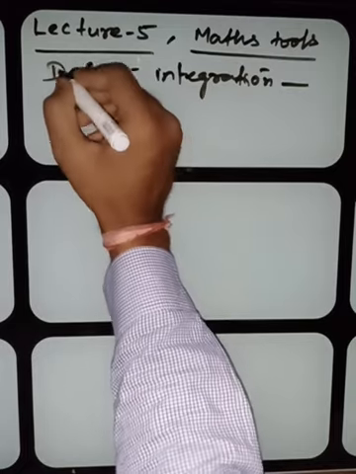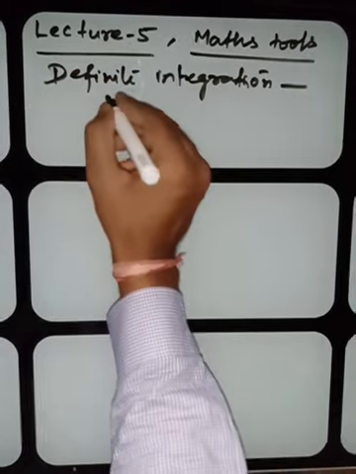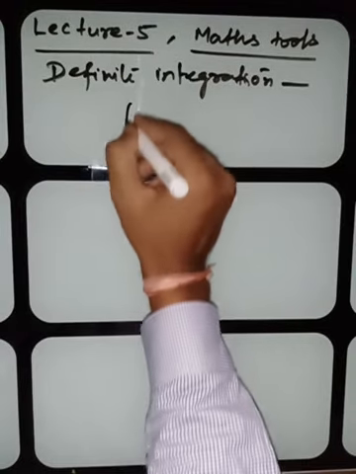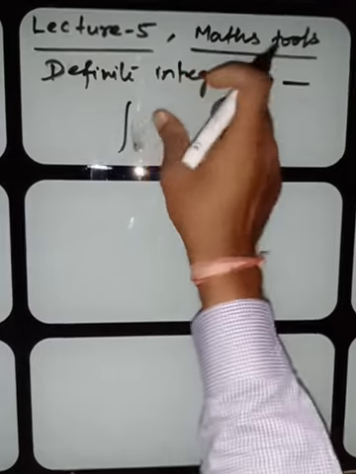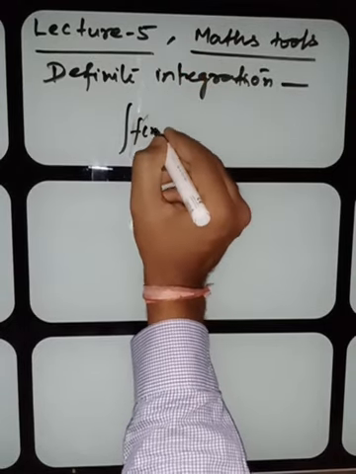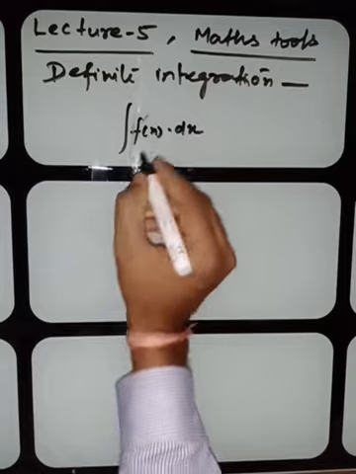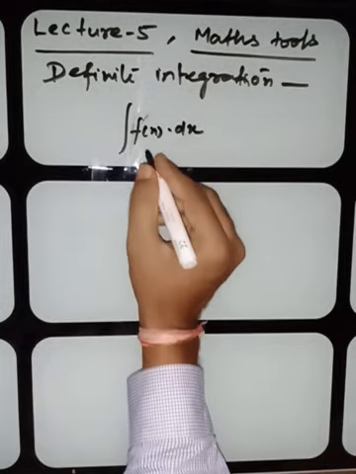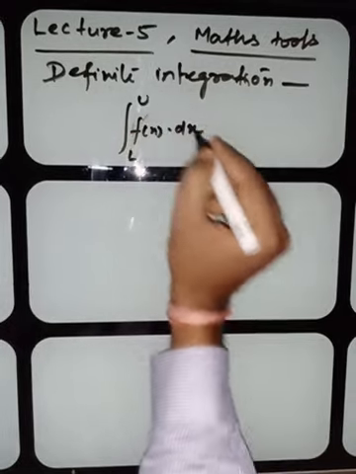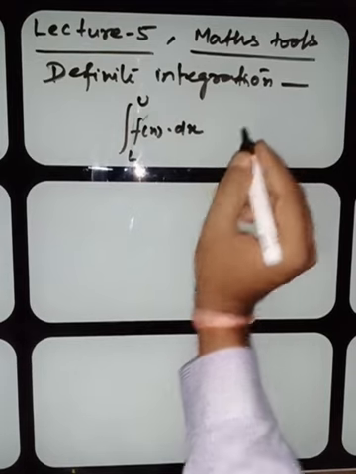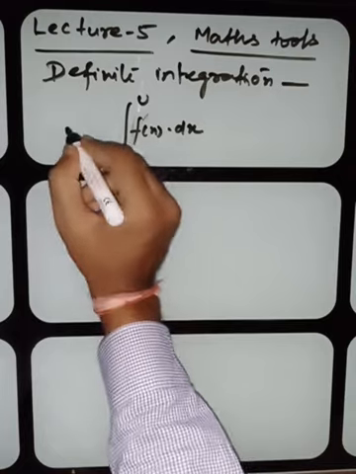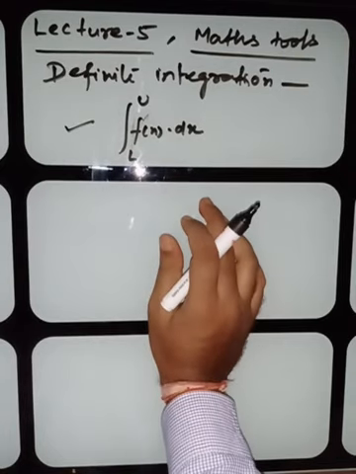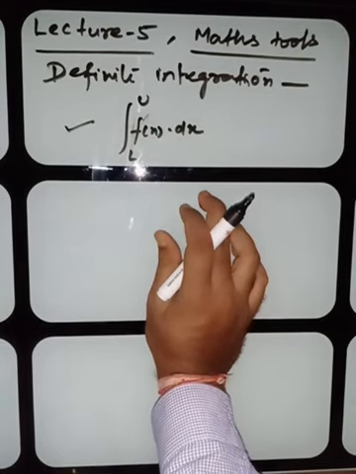The structure of definite integration looks like this: x to the power n, or any function of x, dx, with the limits, the lower limit and upper limit. This is the structure of definite integration.